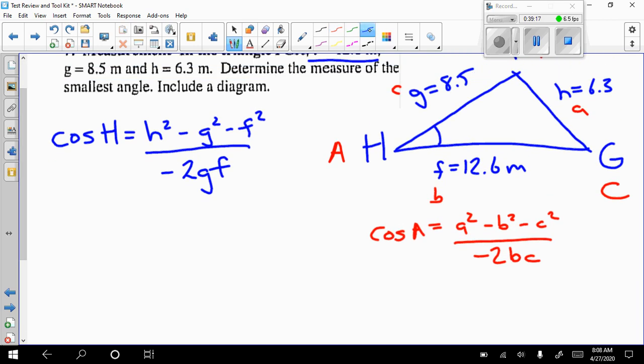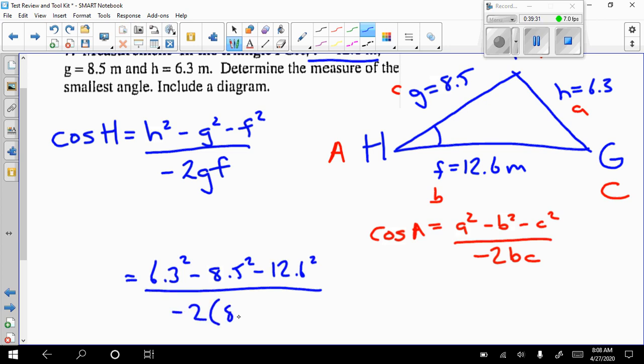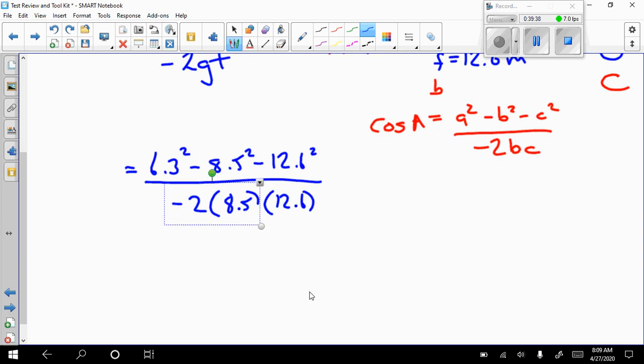So here we go. I'm going to plug my numbers in, and I get 6.3 squared minus 8.5 squared minus 12.6 squared all over -2 times 8.5 times 12.6. Okay, I'm going to gradually do this. So type it in. 6.3 squared minus 8.5 squared minus 12.6 squared.